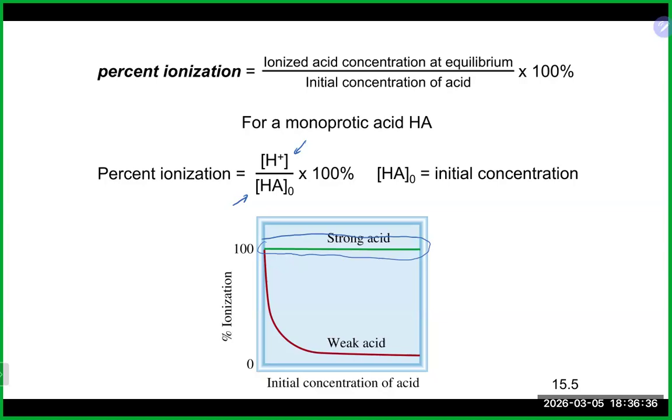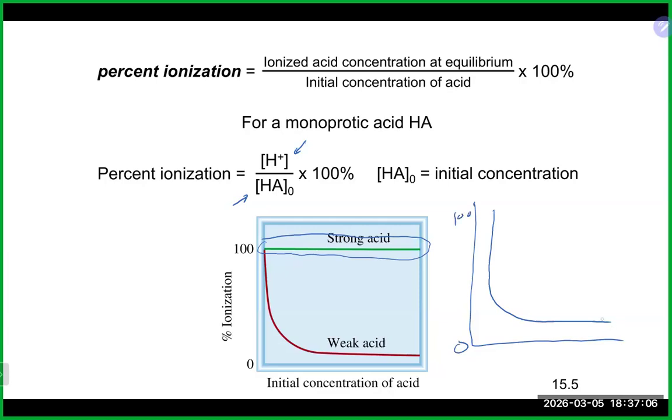But when we have a weak acid, we could see, as I mentioned earlier with my pizza example, that the concentration of the acid does play a big role in whether or not you're actually having a lot of it coming off or not. So as I mentioned before, let me just redraw it up here a little bit. This is 0 and like 100% ionization.